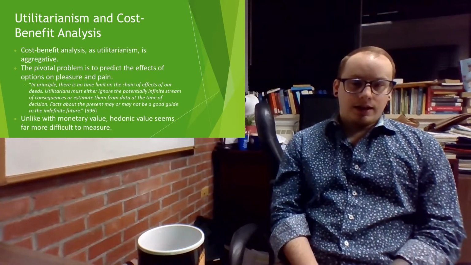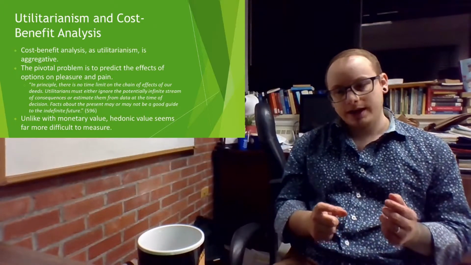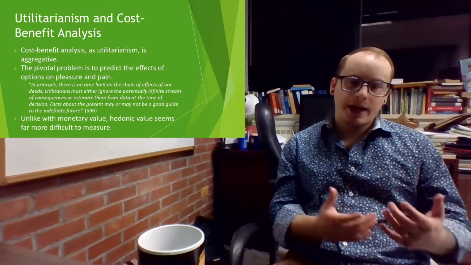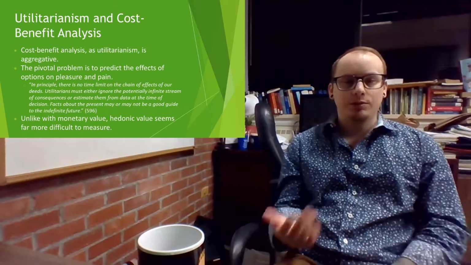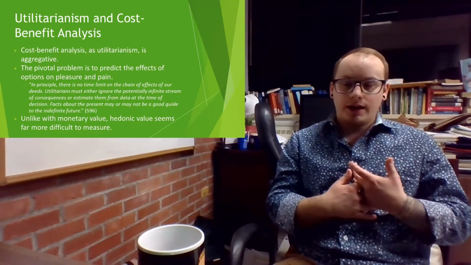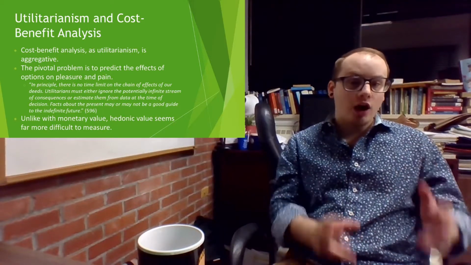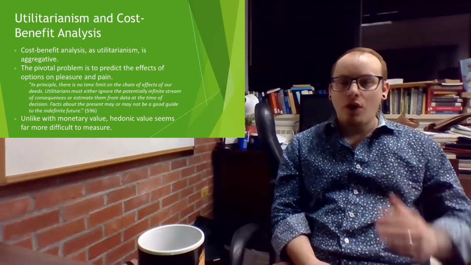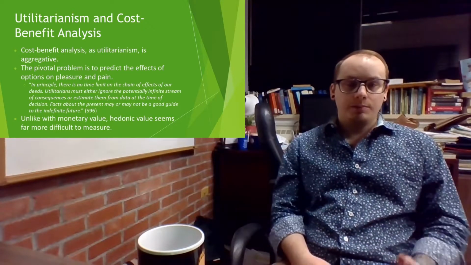Additionally, as I've already mentioned, it's difficult to really quantify kinds of pleasures or pains, where we rely on people's experiences and then comparing people's experiences. Compare this to economics and business transactions, where we use monetary value. In contrast, hedonic value is far more difficult to measure when we want to compare monetary and hedonic value as we do in business ethics.